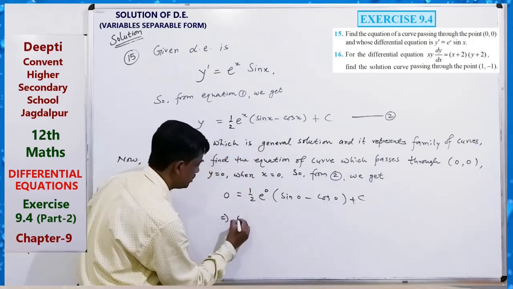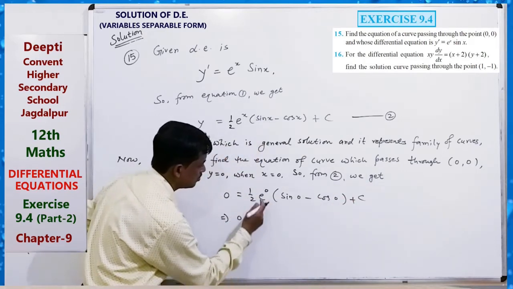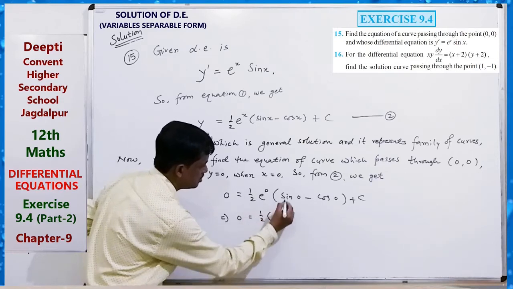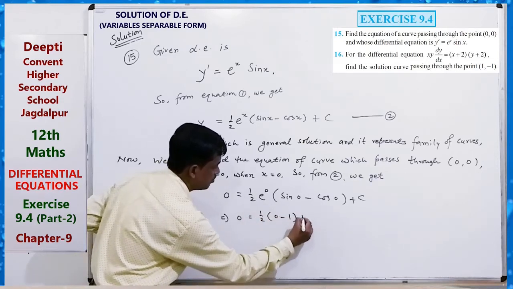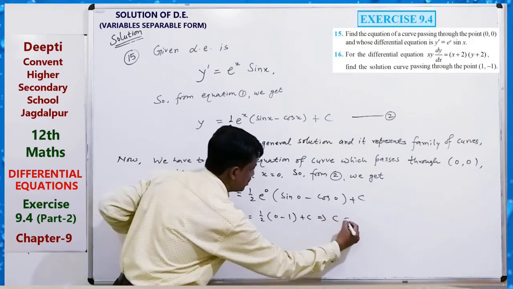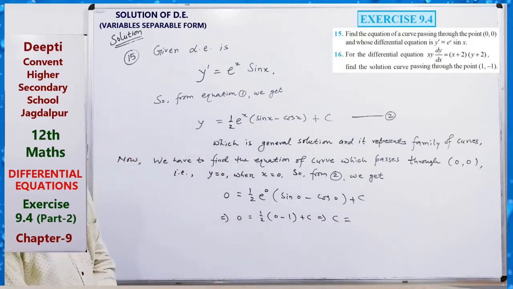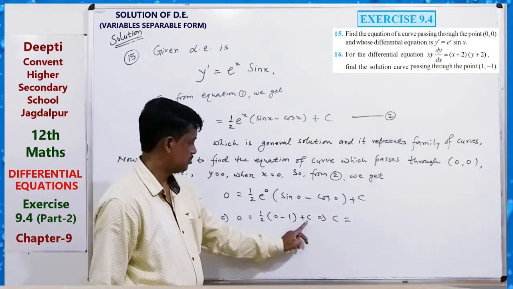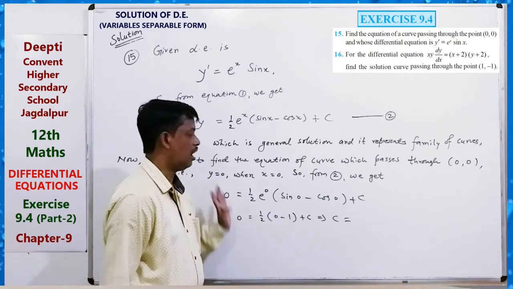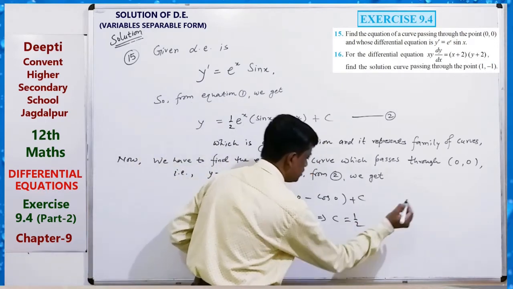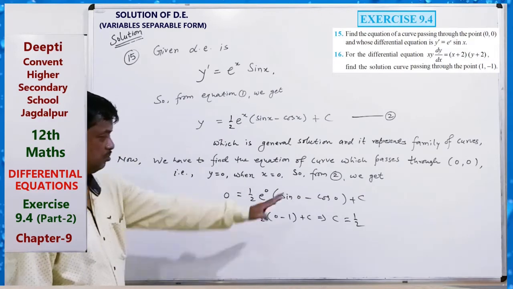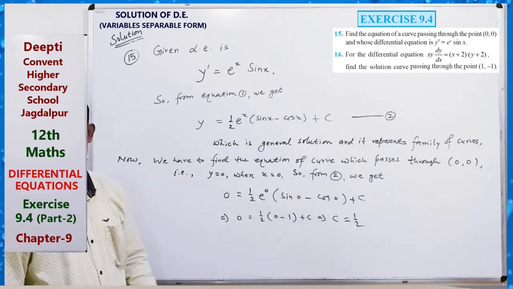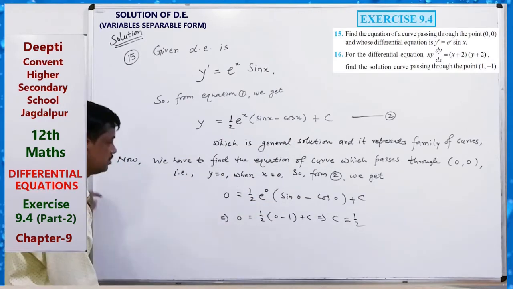So we can solve it: 0 equals half into 0 minus 1, plus c. So c equals what? Here c equals half. Clear? Now put c equals half in this, then you can get the particular solution.